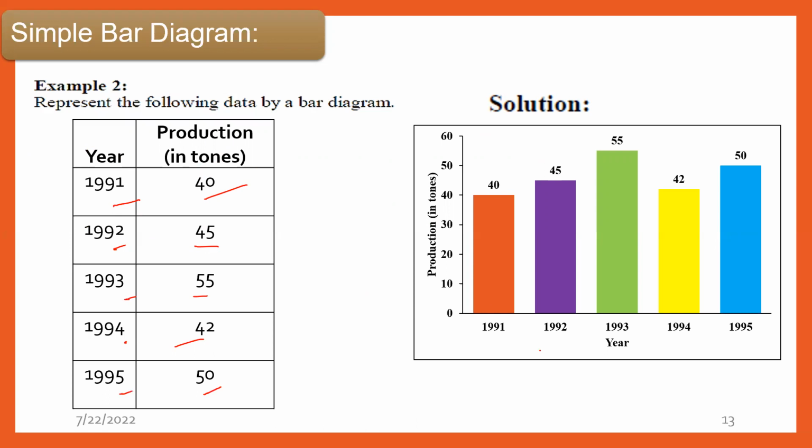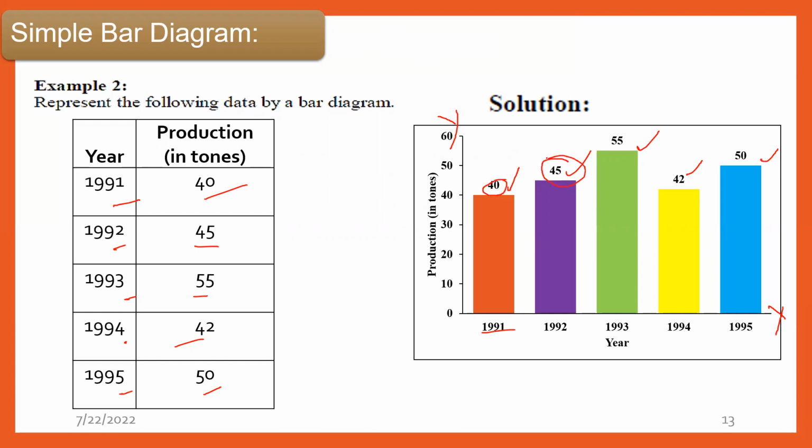We can put these data in an Excel file, with the year on the x-axis and the production on the y-axis. For each year we get a different bar. See, each color is different, representing a different year, and this value represents the frequency for that year.